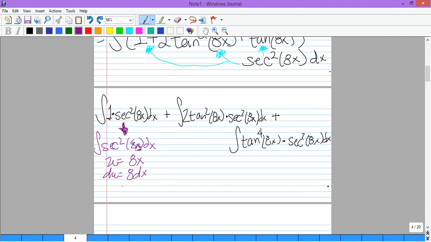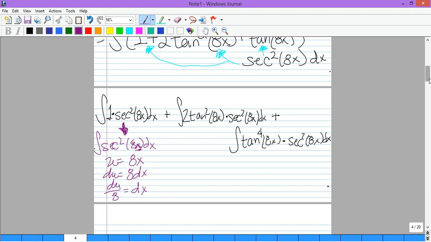So with that being said, I'm just going to let this be my du over 8, which I'm getting because I'm dividing by 8. My du over 8 is going to be my dx. At least I can get a complete dx out of it as compared to just getting a single x. 8. It makes no sense for me to just substitute that in.